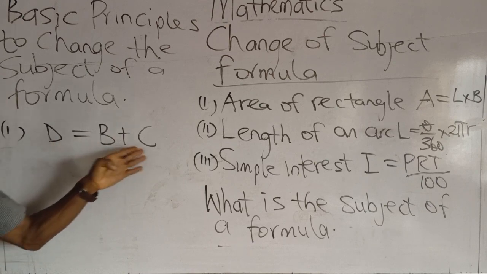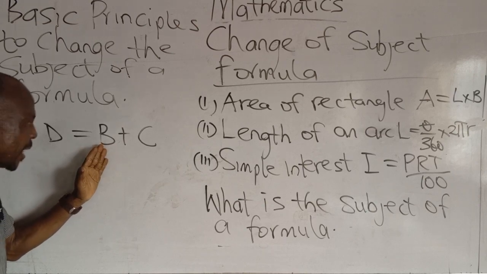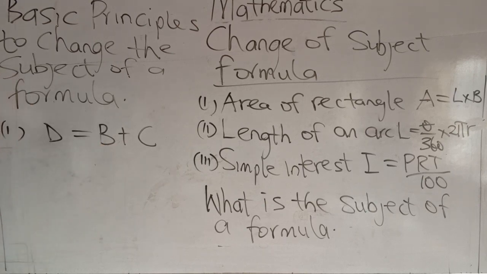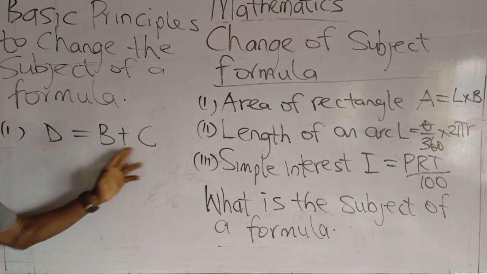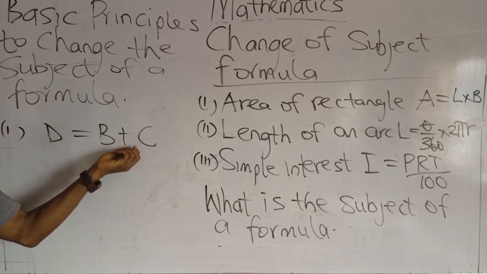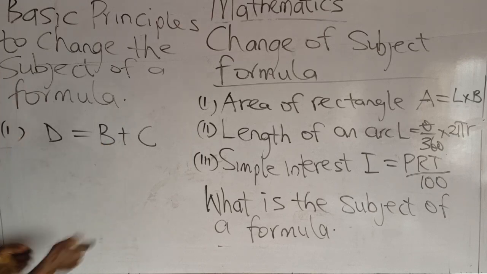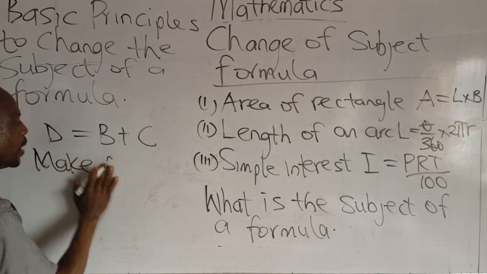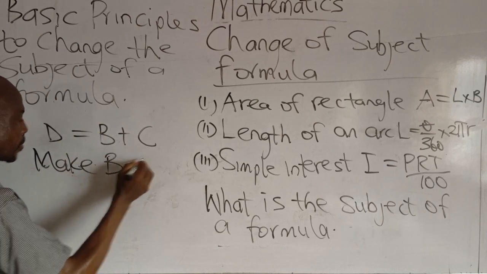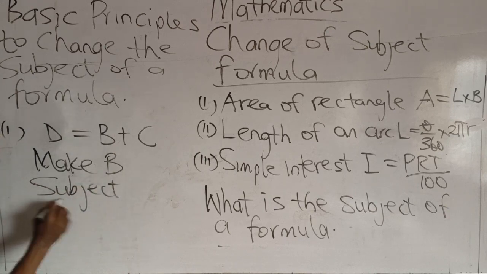If we want to make our C the subject, or want to make our B the subject, what do we do? Because C and B, they are separated by an addition sign here. If we are making B the subject, let's say make B subject formula.